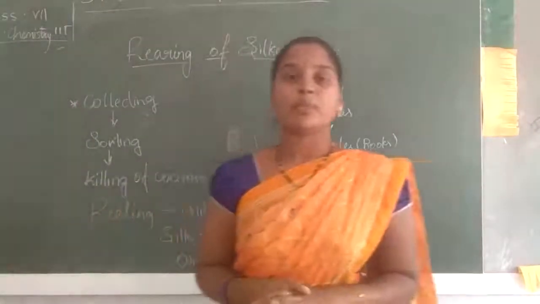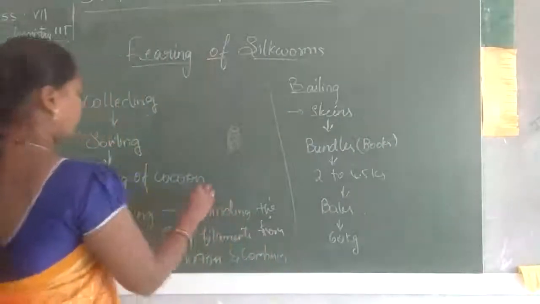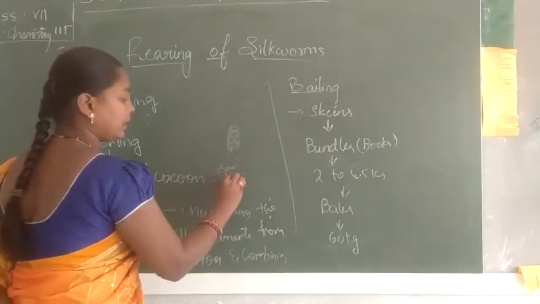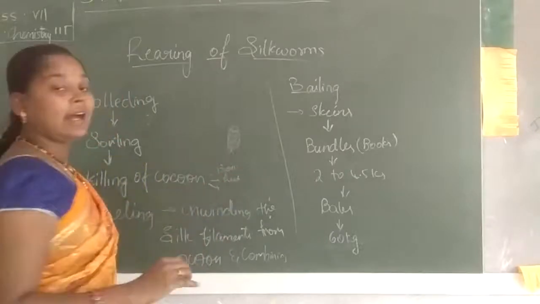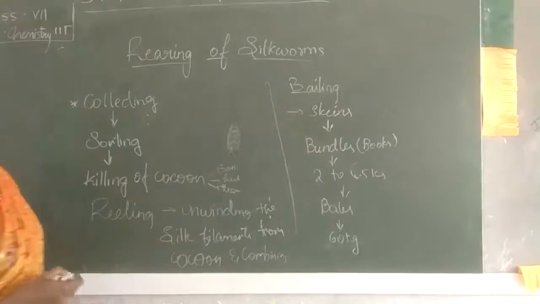For this killing of the cocoon, what will farmers be doing, you know? We have different processes for this. One is boiling in water. Okay, providing them heat, very hot temperature, and next is giving them steam. They can do these 3 processes.